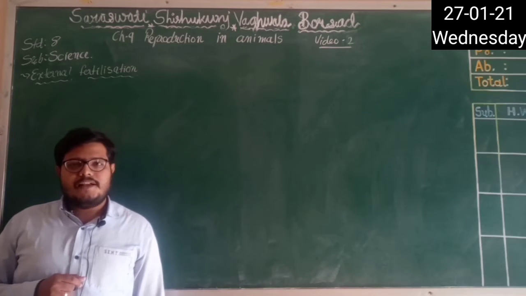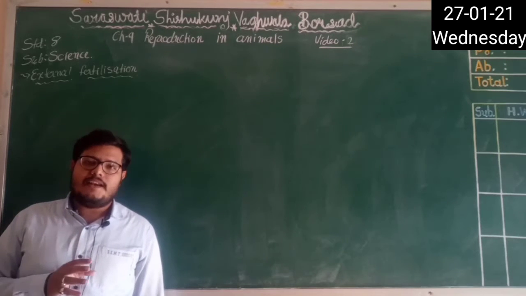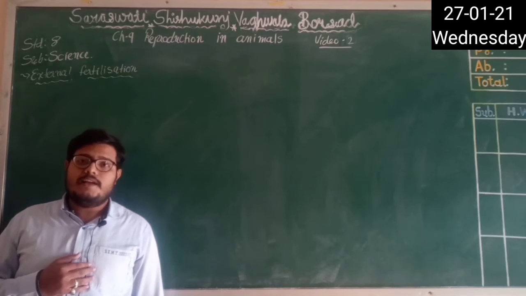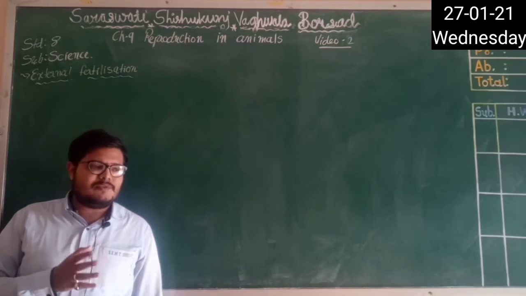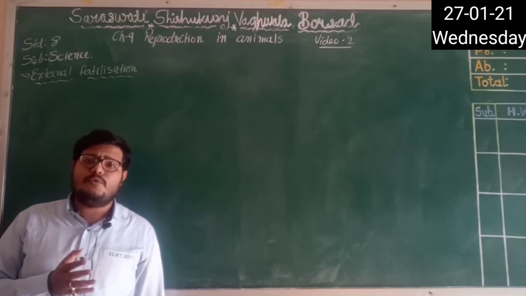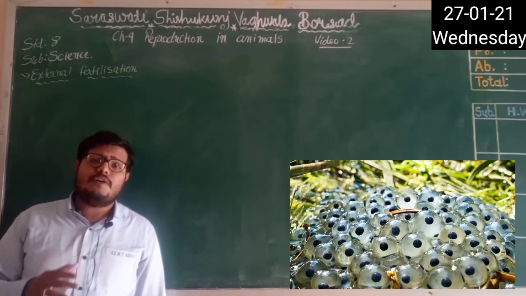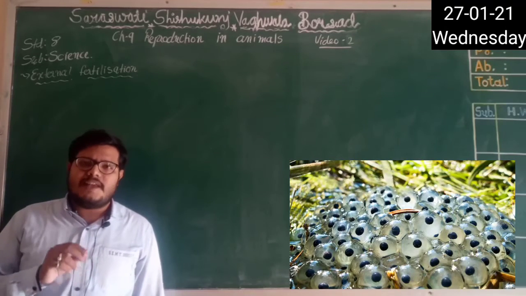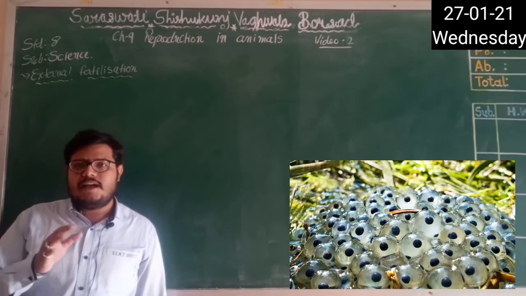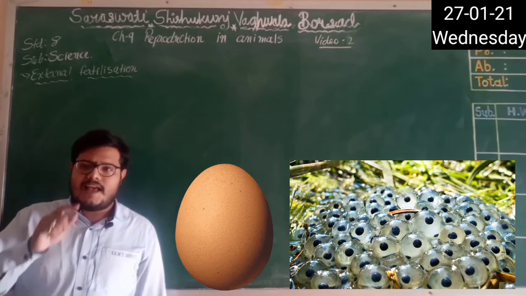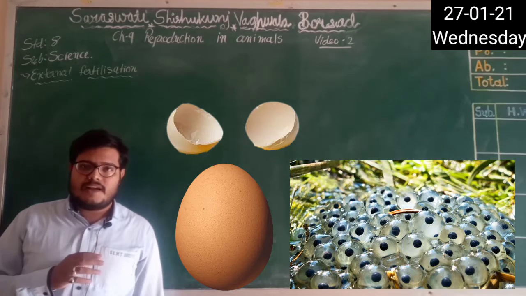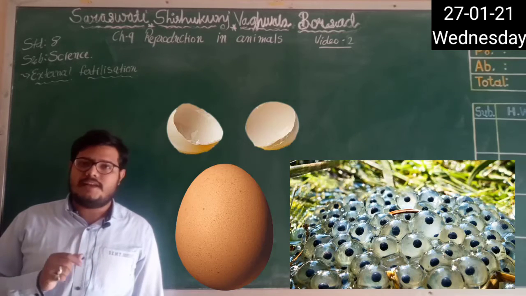You will be surprised to know that in many animals the fertilization takes place outside the female body. Yes. Have you seen during the spring season or the monsoon season, in slow moving water you will observe many eggs of frog. Here the frog's eggs are not similar to the hen's eggs. Hen eggs have a special cover outside of the egg, but in frog eggs there is no cover like a hen's egg.